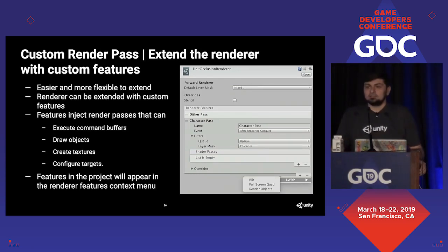The Lightweight render pipeline is a data-oriented pipeline. Basically you configure data, and some things have data and logic. We have this concept of the renderer. The renderer is just a scriptable object that contains data to create resources. And this renderer contains render passes, the logic to execute render passes.